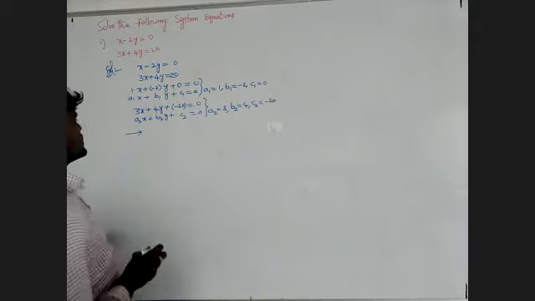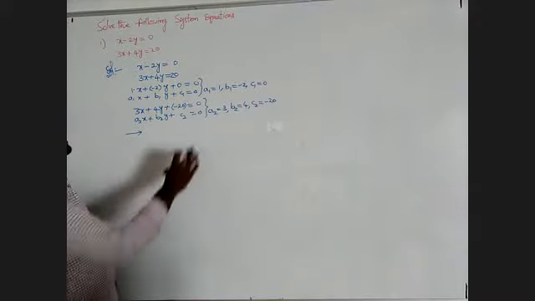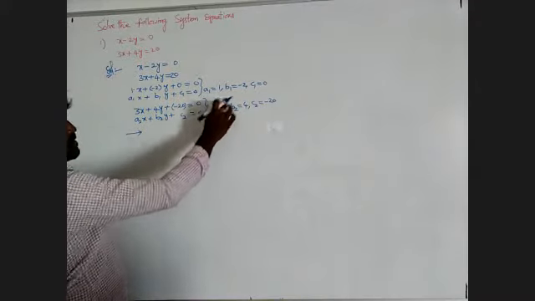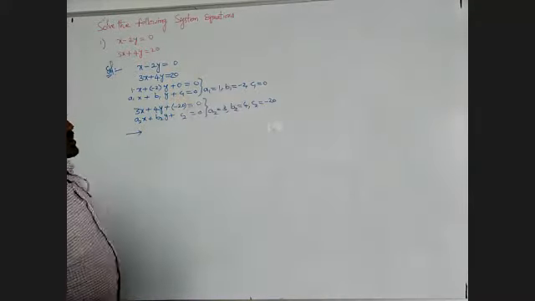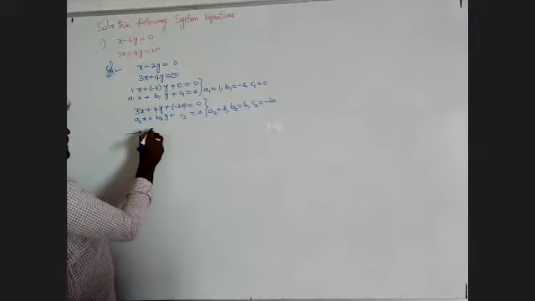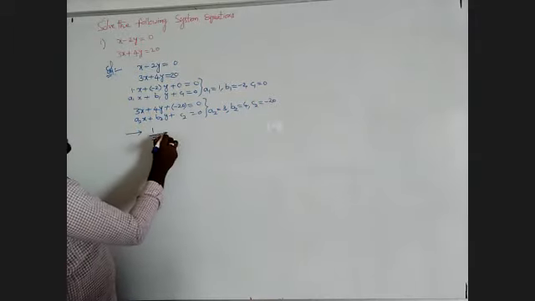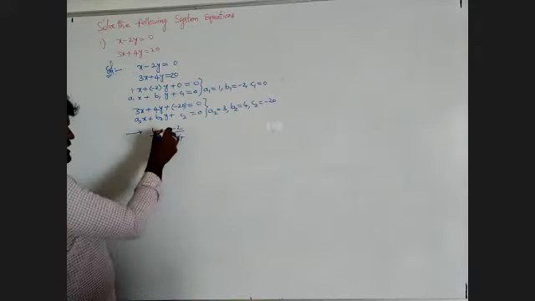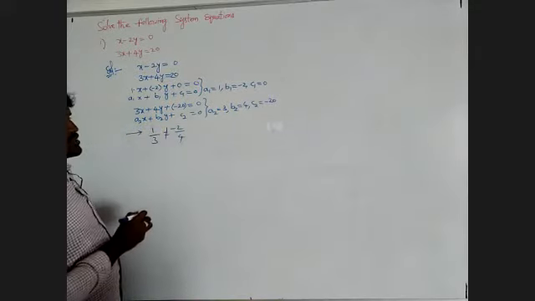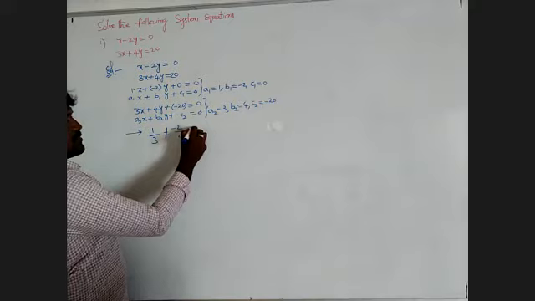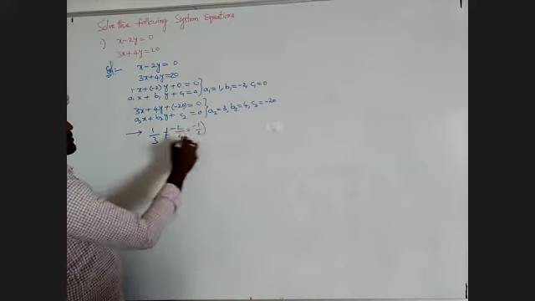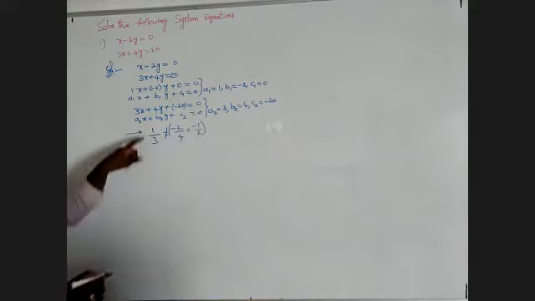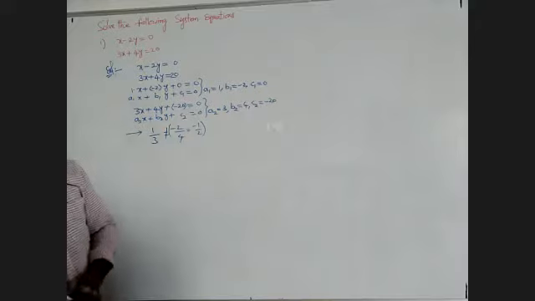First condition: a1 by a2 is 1 by 3, and b1 by b2 is minus 2 by 4, which becomes minus 1 by 2. 1 by 3 does not equal minus 1 by 2.